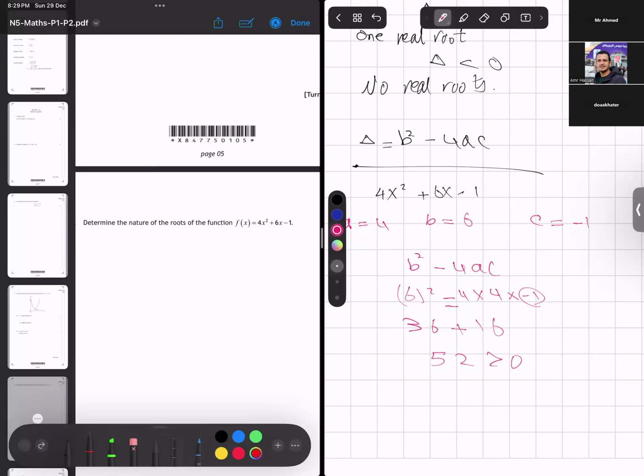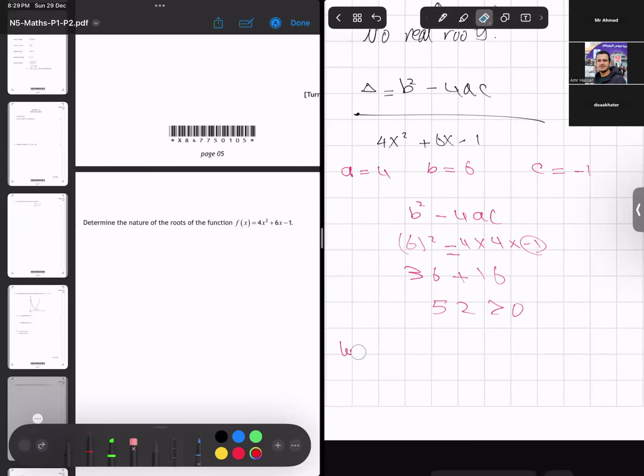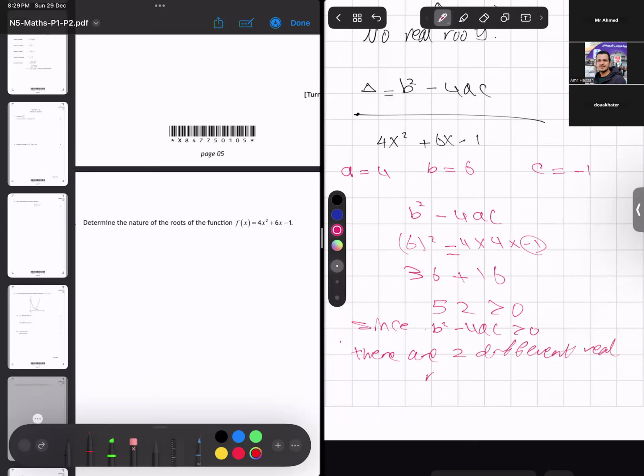Let me write down: since the discriminant, B squared minus 4AC, is greater than 0, there are two different real roots.